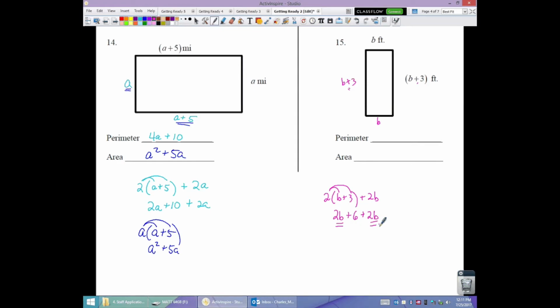Like terms is 4b plus 6. And the area, I'm multiplying base times height, b times b plus 3, I'll need to distribute. B times b, b squared, b times 3, 3b, not like terms. So my expression is b squared plus 3b.